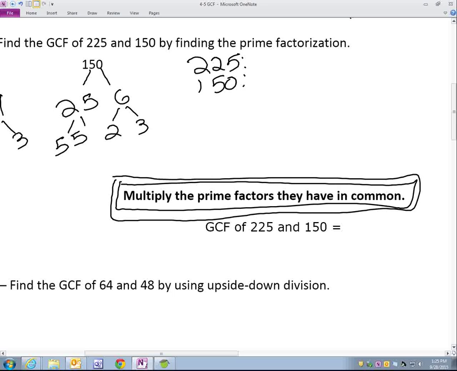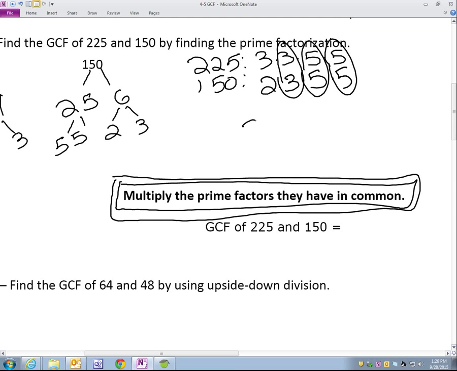I had 3, 3, 5, 5, and I had 3, 5, and 5. So I'm just listing those out again. It says multiply the prime factors they have in common. So I have 3 in common, 5 in common, and 5 in common. So I'm going to multiply the 3 that they have in common, the 5 that they have in common, and the 5 that they have in common.